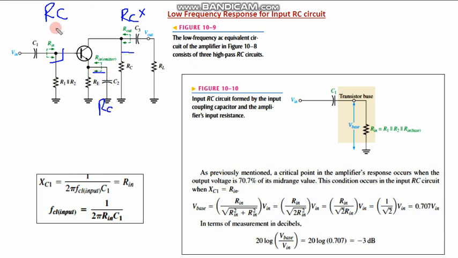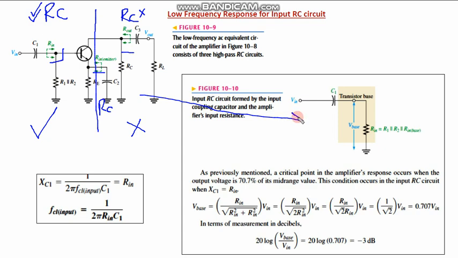So the only effective RC I am taking as a case study is at the input. If I draw a line like this, I would take this part into consideration, and I am not taking this into consideration.